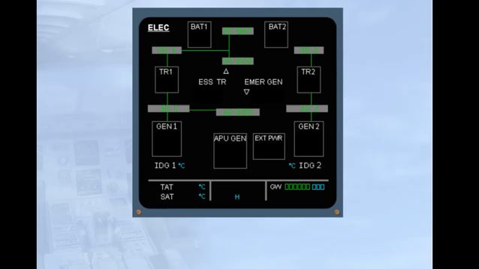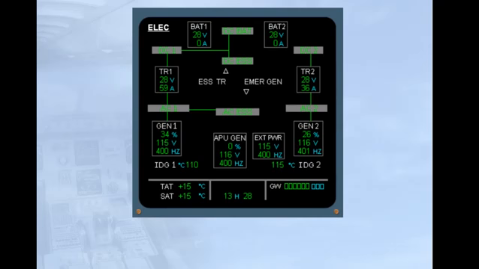Let's now present them. As shown, each component can be monitored via its indications.